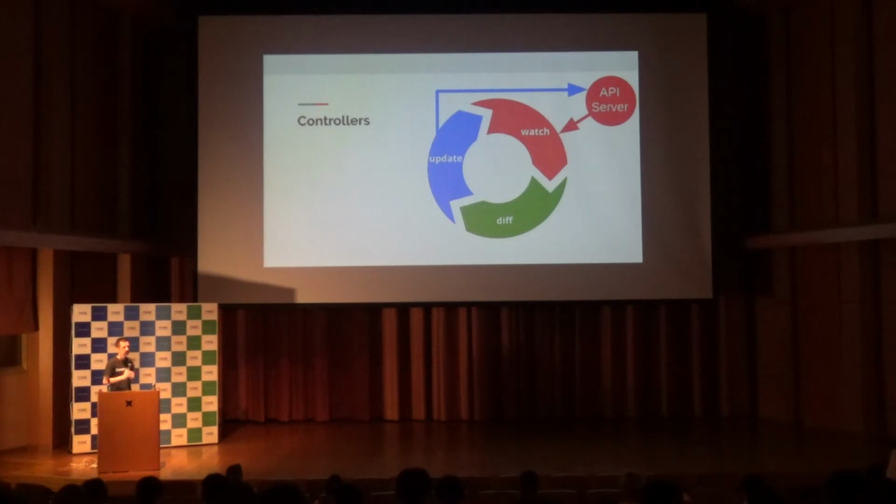That might not necessarily be through the API, but it might be through some other application or some other way of running in the cluster, like maybe some statistic coming from some other system. And then at the end, you generally update back into the API server, like create a new object or update the status of some object. So this is typically what you see when you see controllers.